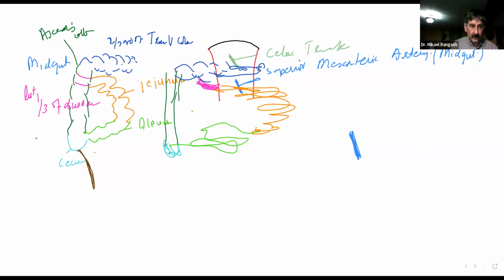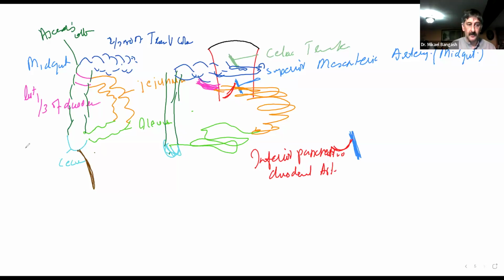Now, one branch that it would give off, and the main one is going to be going on to the right side, was going to be what we call the inferior pancreatico duodenal artery.